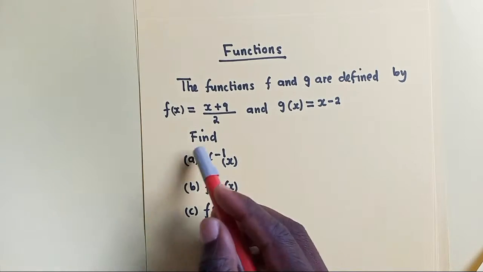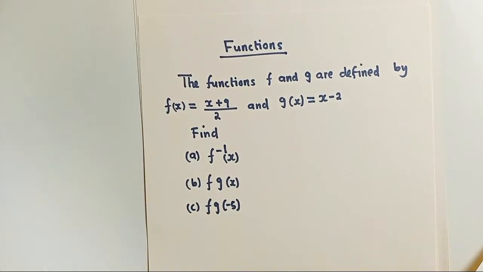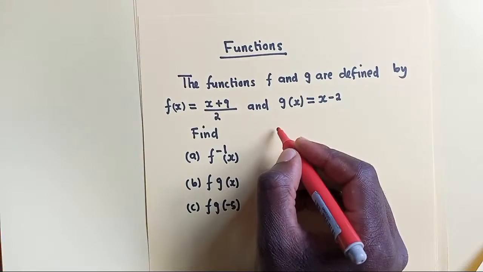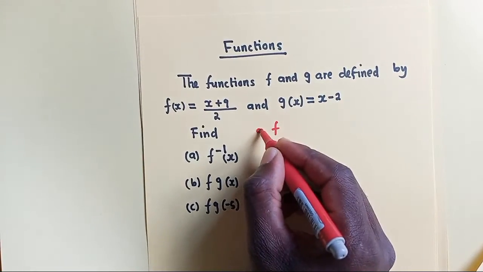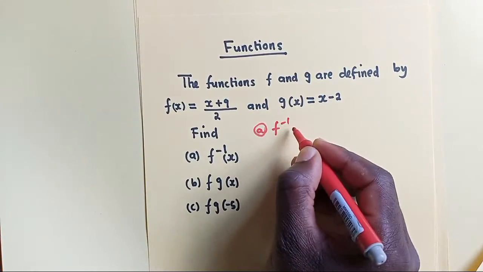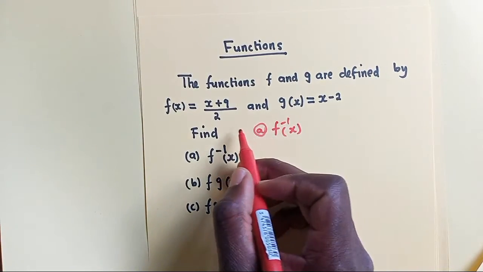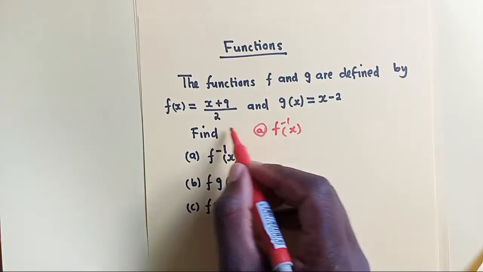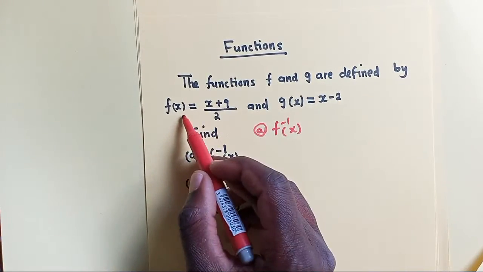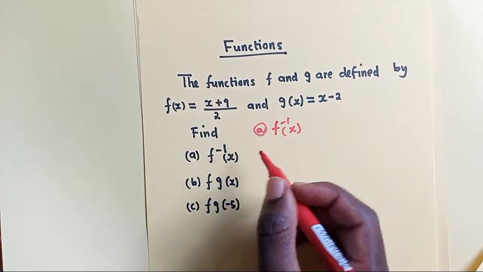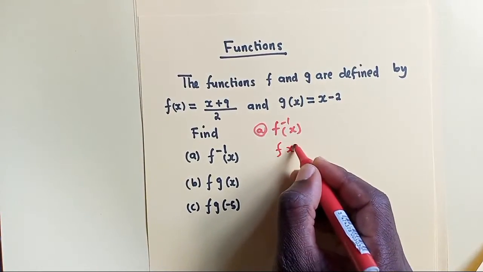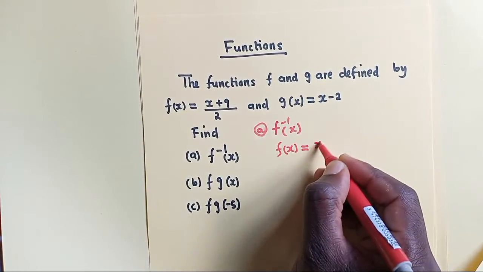Find f of x inverse. So how do we find this f of x inverse? I'll say A. To find this, what we normally need to do is go to the function. Which function has got f is this one. This one has got g. So get that function, the way it looks.